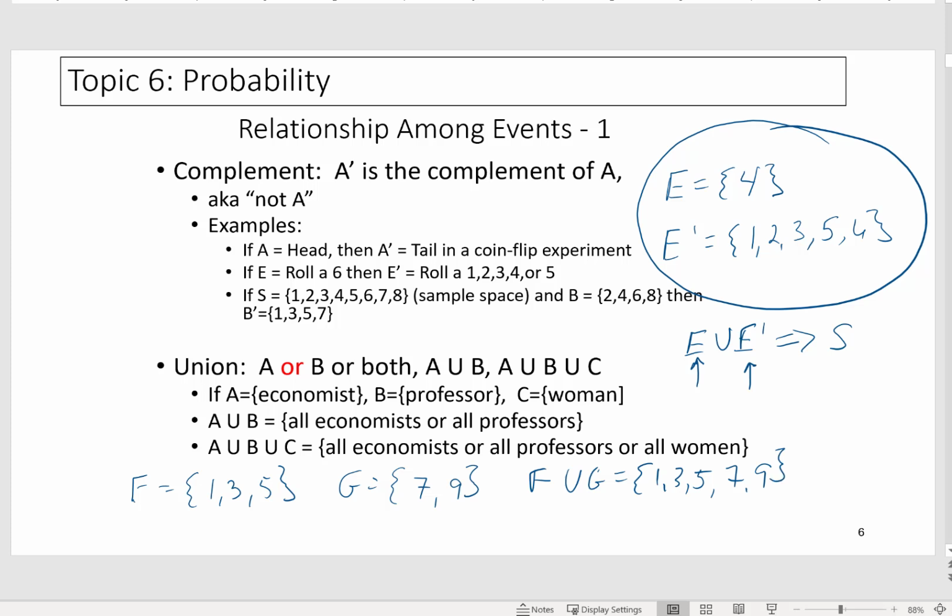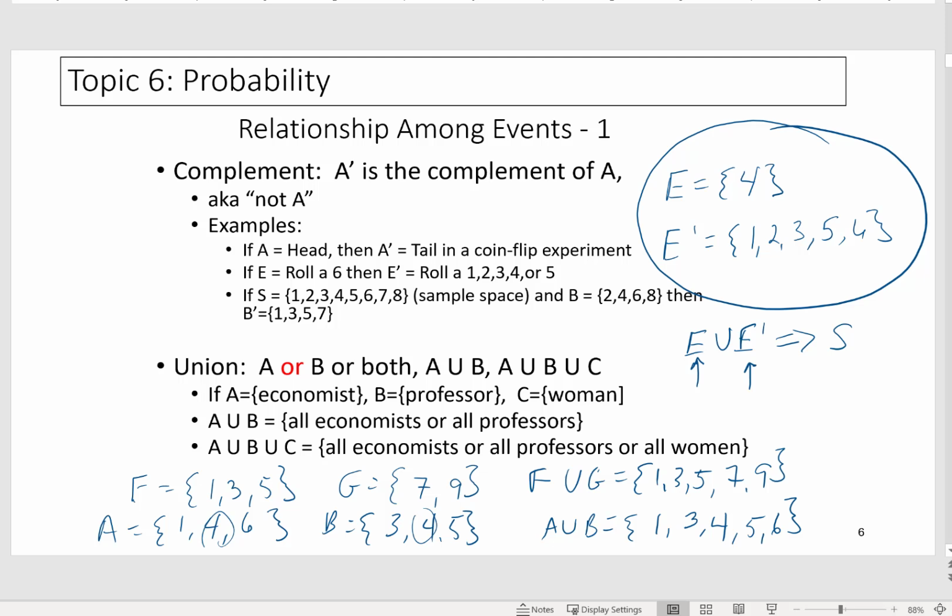If I had A, and that was 1, 4, 6, and I had B was 3, 4, and 5, and I union these two, I would then have 1, 3, 4, 5, and 6. I wouldn't write 4 twice. I'd only write it one time.